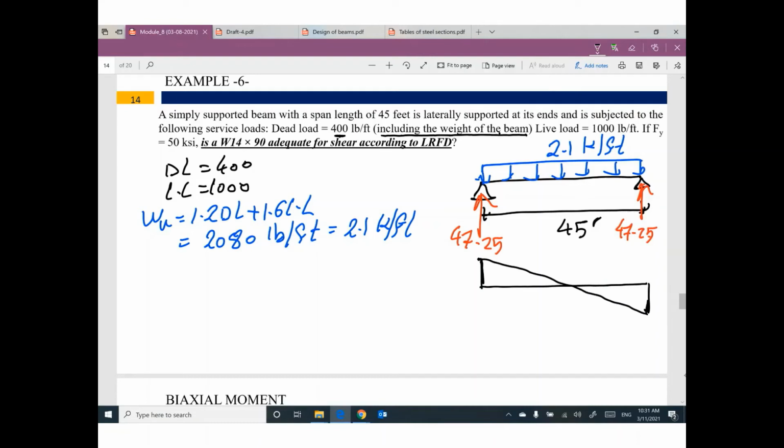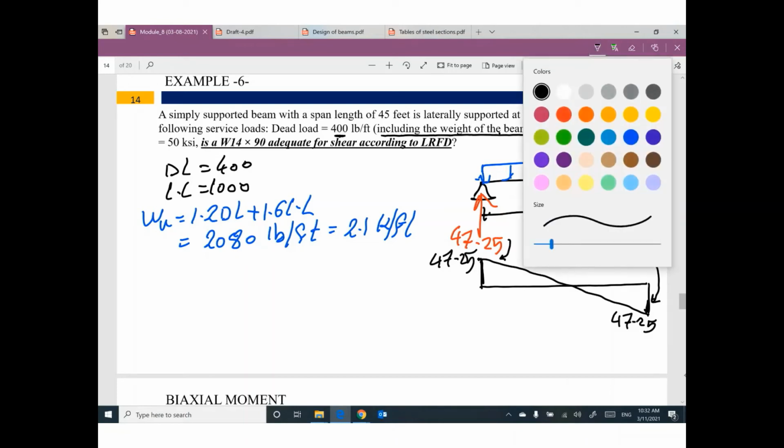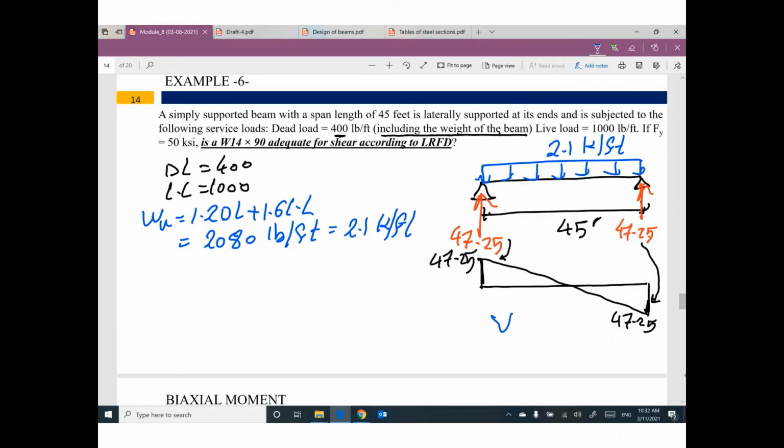The value here will be 47.25, and the value here will be 47.25, at this reaction and this reaction. That means the value of V ultimate from structural analysis is 47.25 kips.